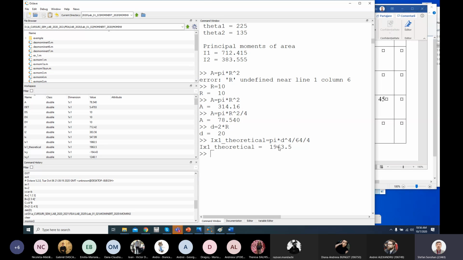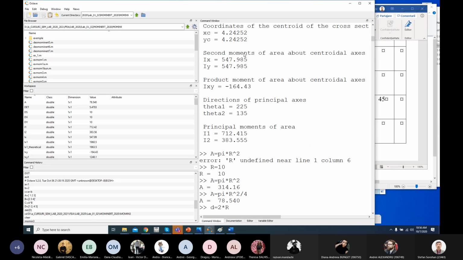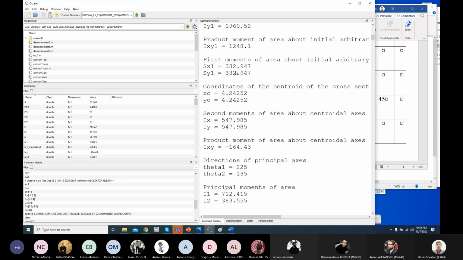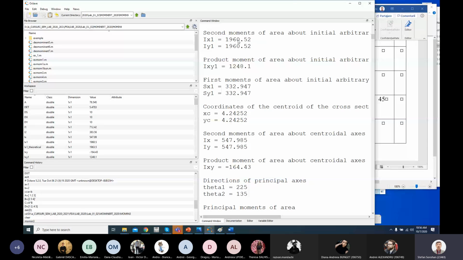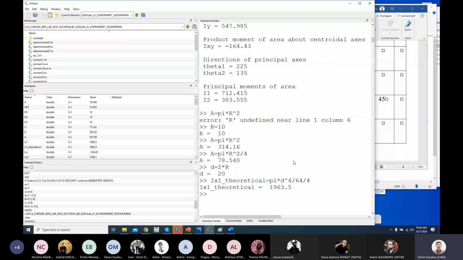And this is 9063, which is close to this one, 9060. So the error is very small, right?